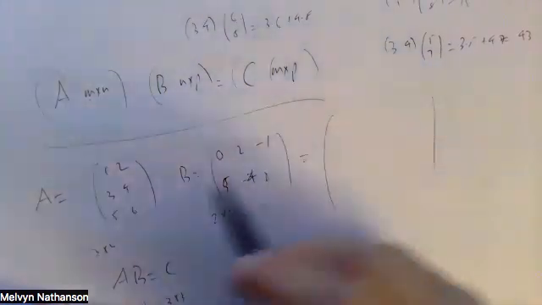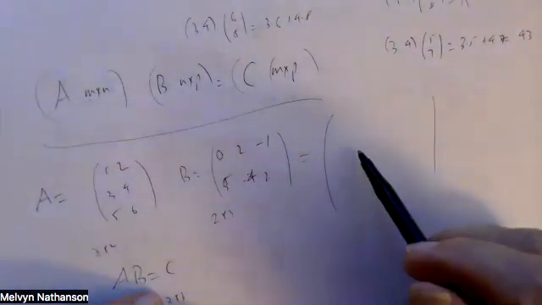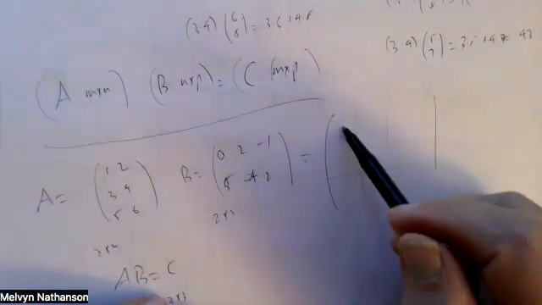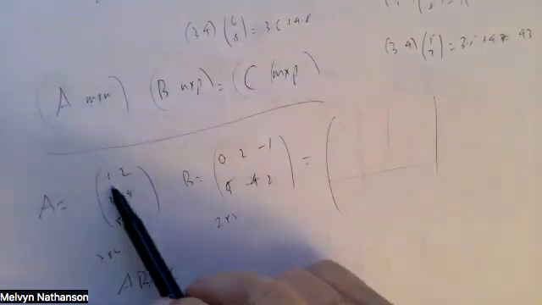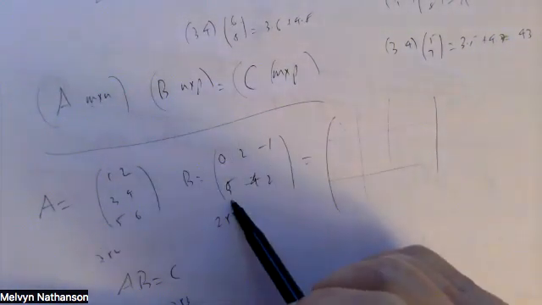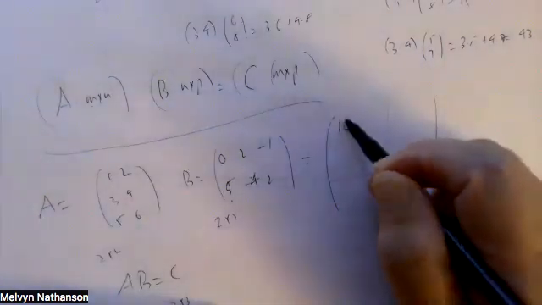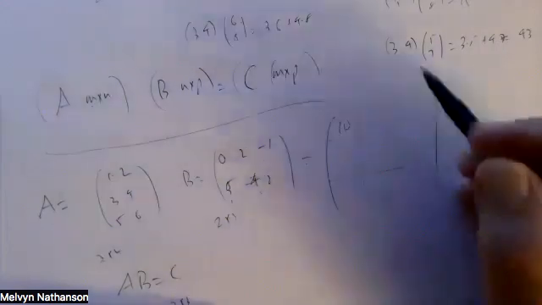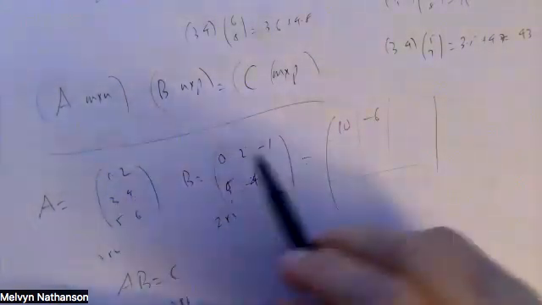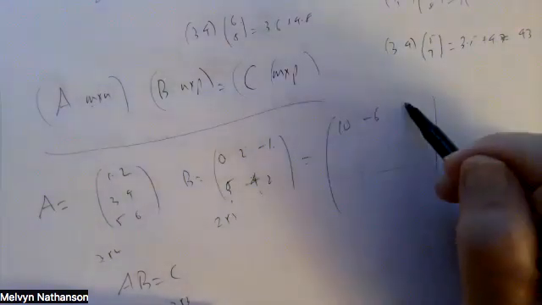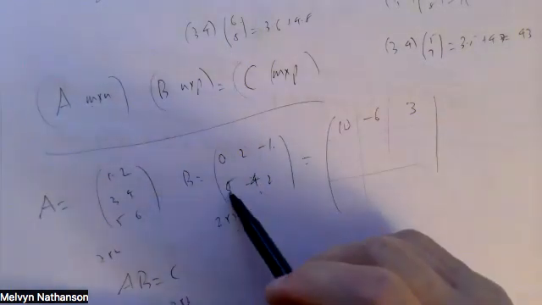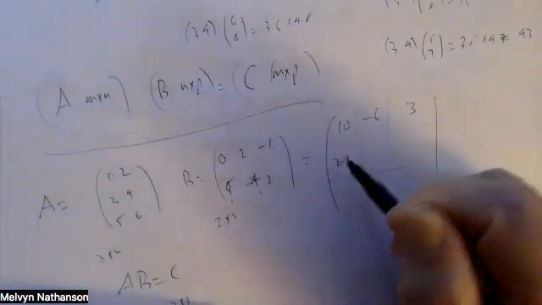What is the matrix C? This is going to be a 3 by 3 matrix. For the entry in the first row, first column, you multiply the first row by the first column, you get 0 plus 10. First row, second column, you get 2 minus 8. First row, third column, you get 3. Second row, first column, 0 plus 20.